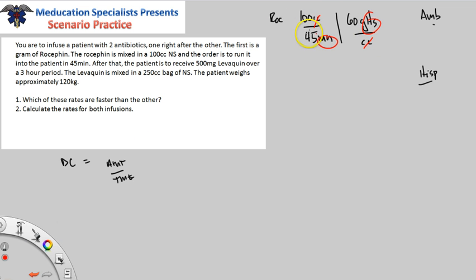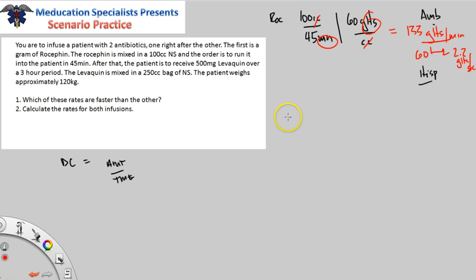What we're left with is drops per minute, and that gets us 133 drops per minute. Now, if you want to put that per second, then divide this 133 by 60, and you get somewhere around 2.2 drops per second. So you can eyeball it.